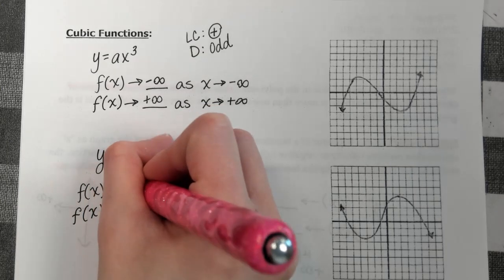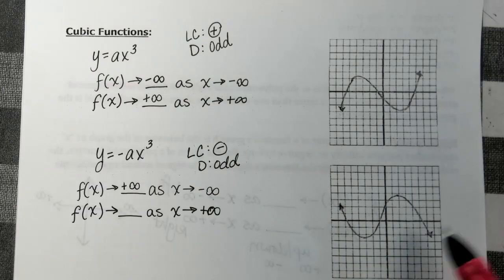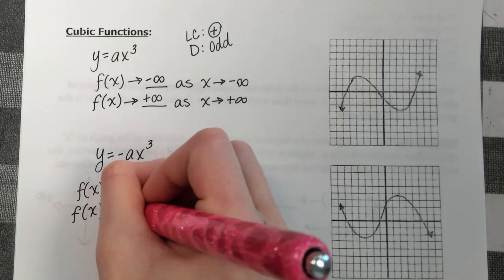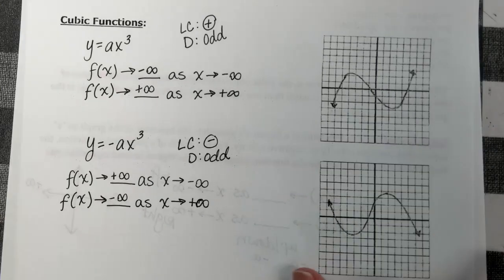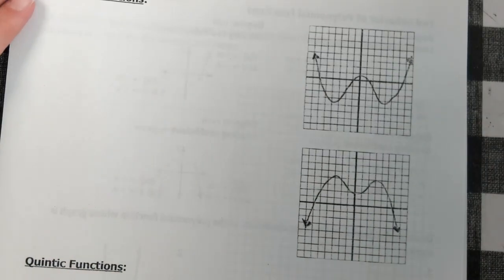Positive infinity. And if I look at the right side of my graph, where is it going? So that would be negative infinity. Okay? So a lot of people get hung up on the way it's written and what does x approaches negative infinity mean, but if you just think about on the left and the right, it makes it a lot easier. Okay? If you separate left, right, up, and down for your parts.